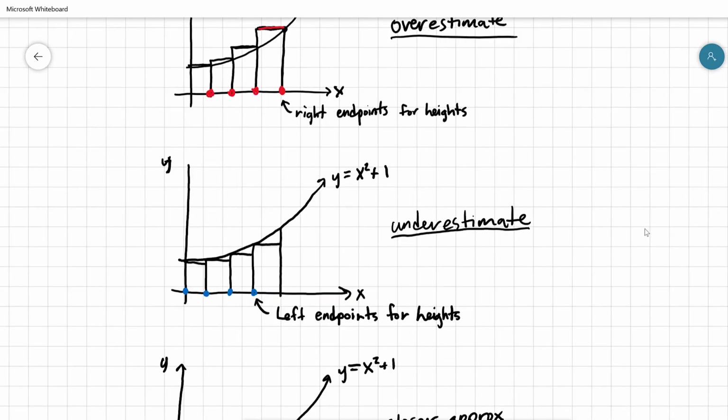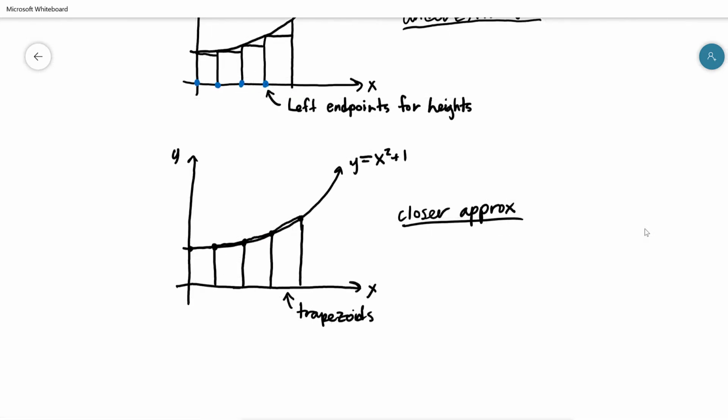Coming back down to here, that means that for these ones, these are the parallel sides. This would maybe be our B1, and this would be B2, and we would take the average of the two parallel sides. This distance in between would be what we called h before. So I would average these two, multiply by h, and that would give me the area.